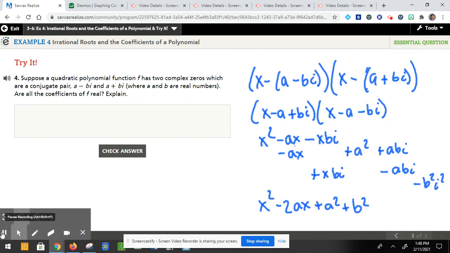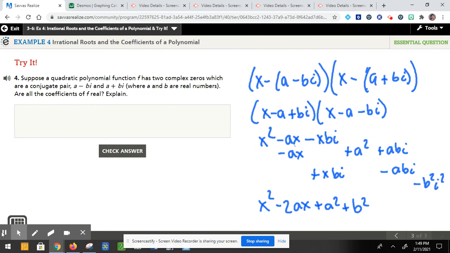So when you multiply these together, I did x minus each of the zero conjugate pair. Multiply them all together. Look how I separated the terms. All the imaginary terms canceled out. What we're left with is x squared minus 2ax plus a squared plus b squared. All that's real, right?